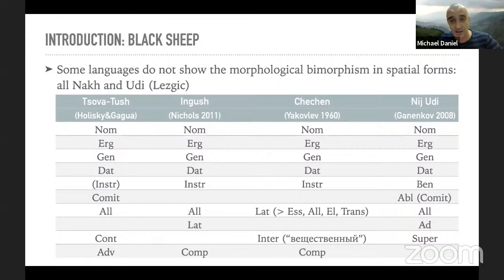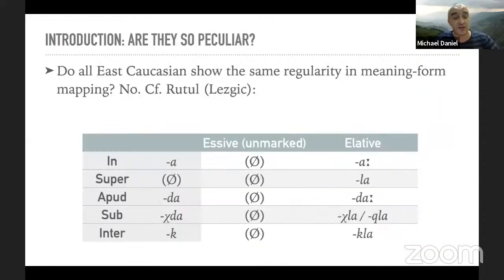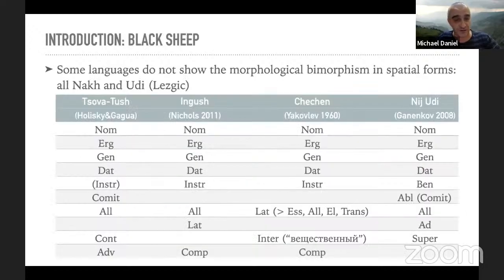In any case, there is nothing similar even to the bidimensional, not very regular, but at least bimorphemic, let's say two-slot, spatial paradigm of Rutul. Nothing distantly similar to this is described.